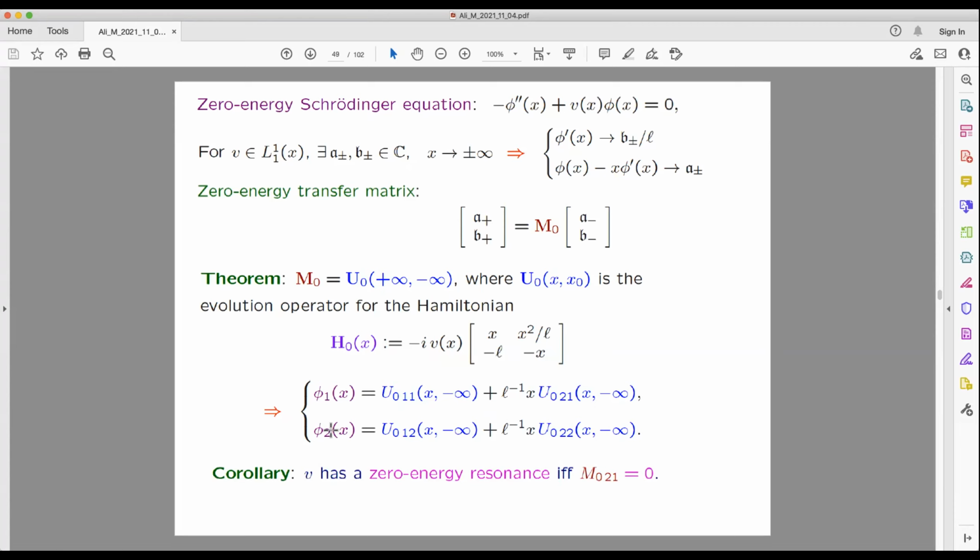So remember, for the ordinary transfer matrix, the zeros of the off-diagonal elements of the transfer matrix correspond to reflectionlessness. The zeros of the diagonal elements give you spectral singularities or their time reversals. In optics, that's lasing and anti-lasing. Here, the off-diagonal element M22, its zeros will give the zero energy resonance, which is kind of strange.